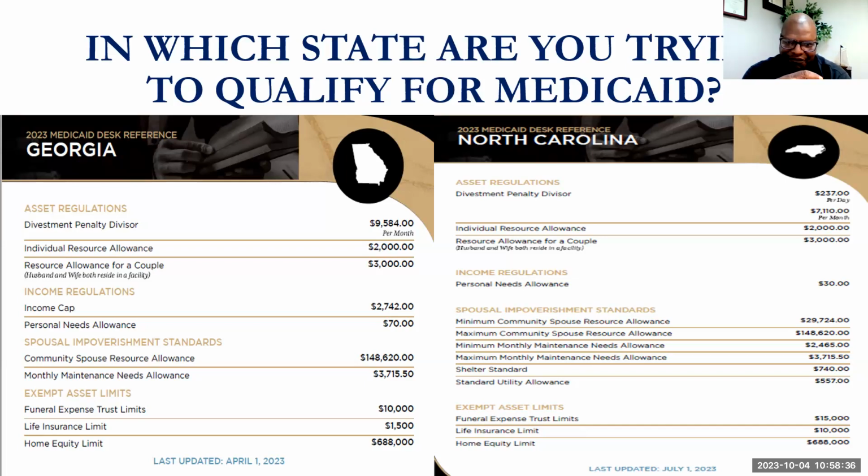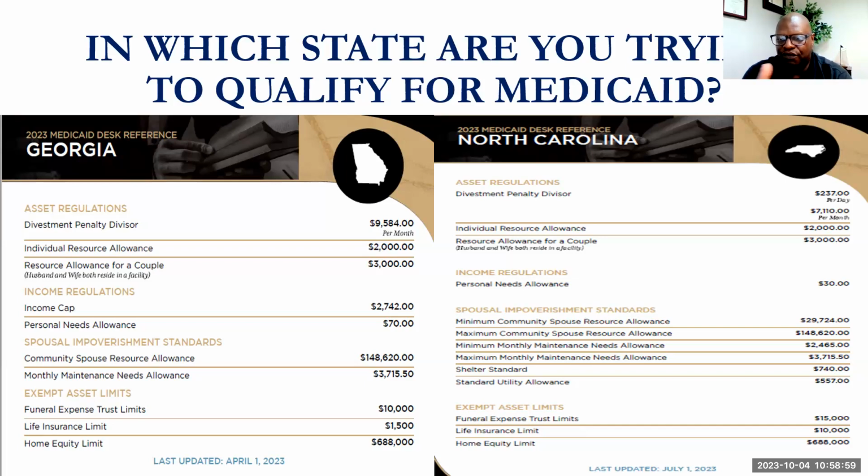So the community spouse could have a $500,000 IRA and it won't be looked at. So there's a lot of assets you can keep. And on top of that, you get to keep another $148,620. So if they had bank accounts, brokerage accounts, other things, they could keep $148,000 of value. So the extra car the community spouse had would be countable, but she could keep it under the $148,620.